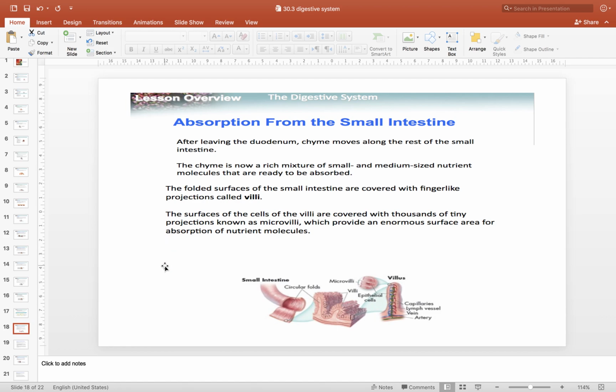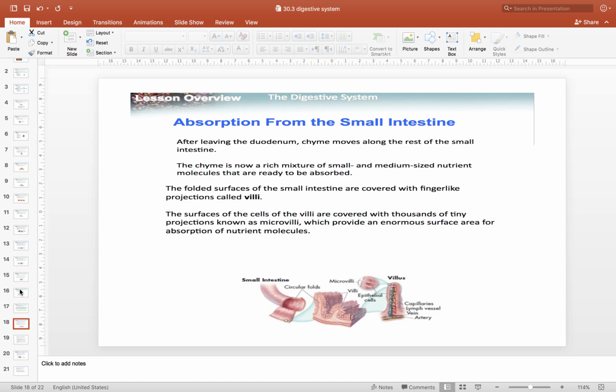The absorption in the small intestine is a big process. The small intestine has adaptations where, one, it's very long. If you were to uncoil it, it has a large surface area.